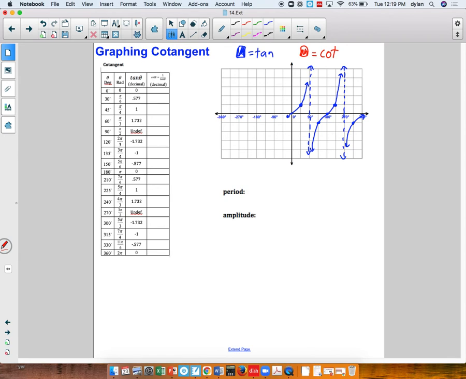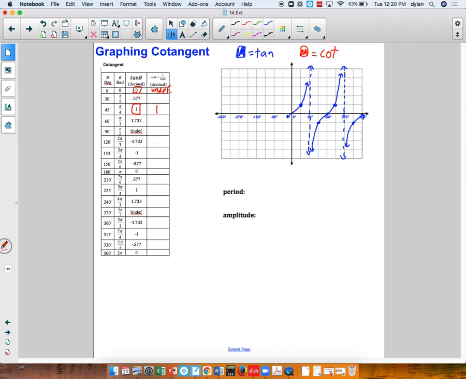So then our cotangent function is essentially just the reciprocal of the tangent function. So if we look again at our 5 key points here, everywhere we see a 0 for tangent, that means that we're going to have a vertical asymptote.